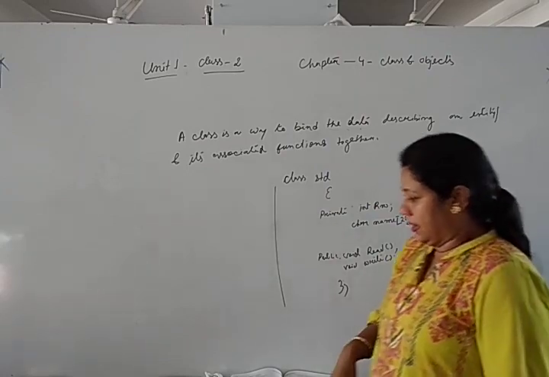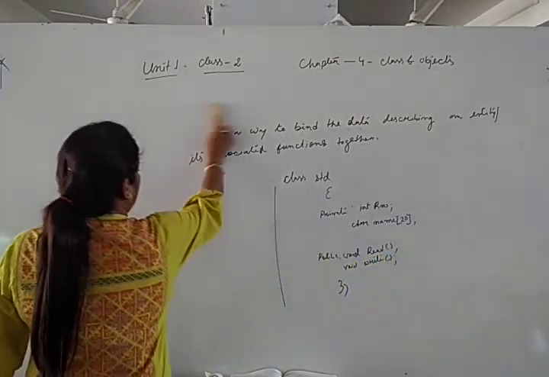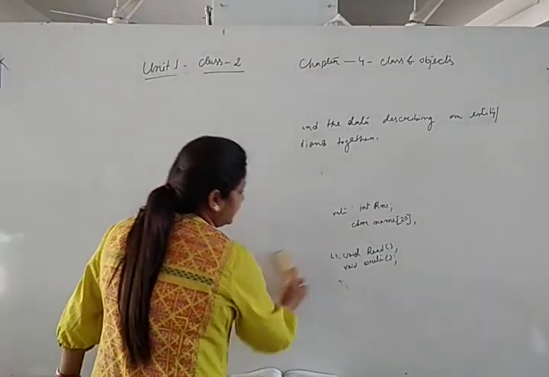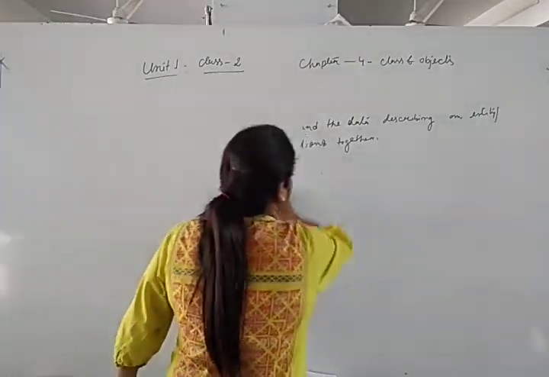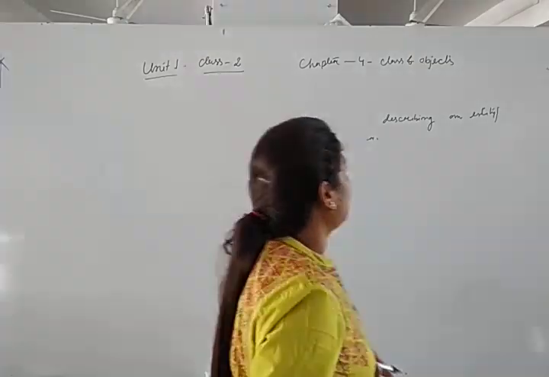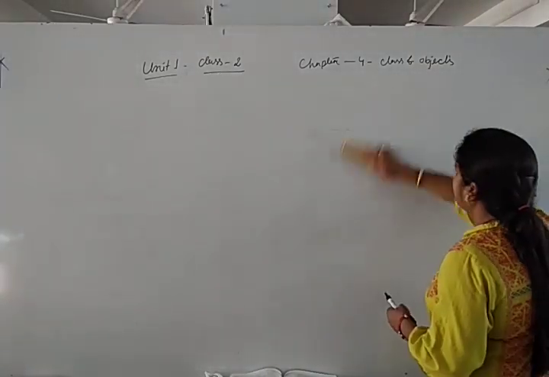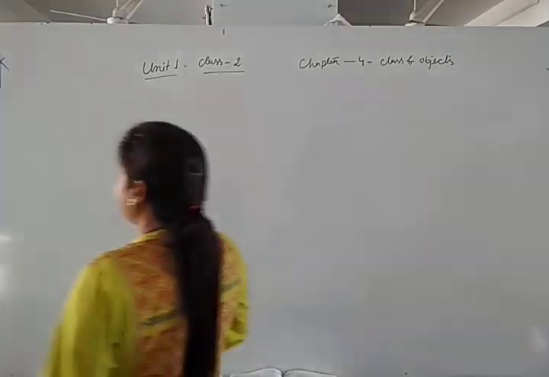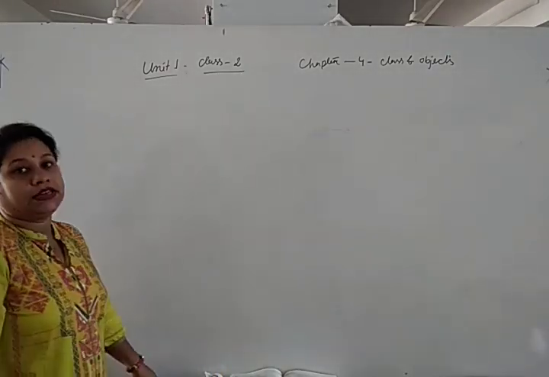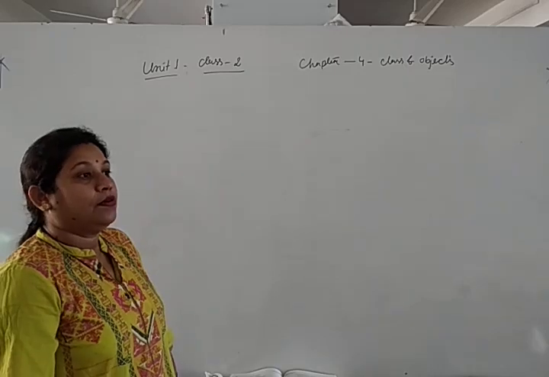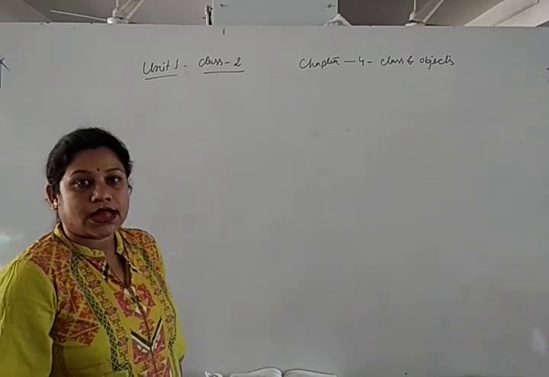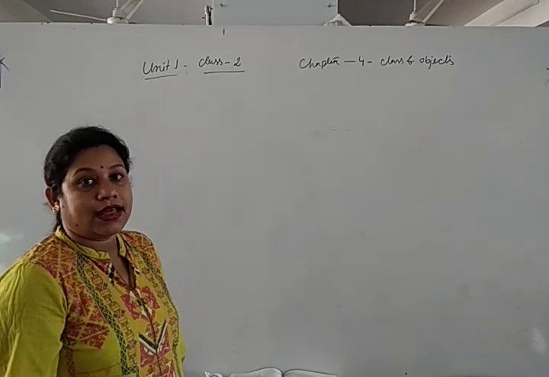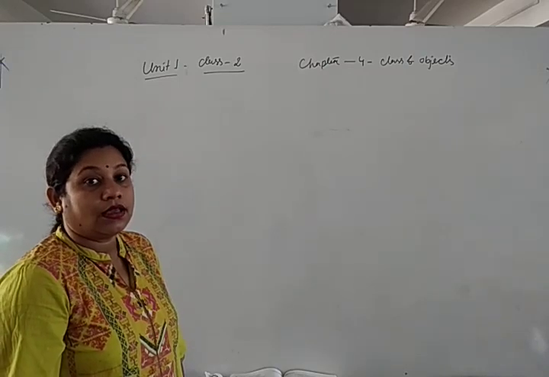Now I am going to write a small program that will help you understand how to declare a class and object inside the body of a program. Each and every program starts with a header file. We know that a C++ program starts with a header file. And what is the name of the header file that we use?